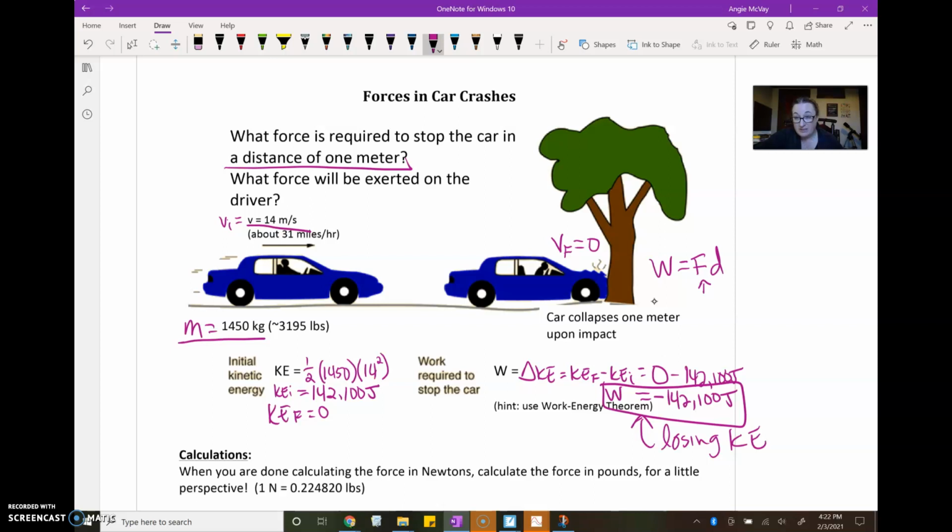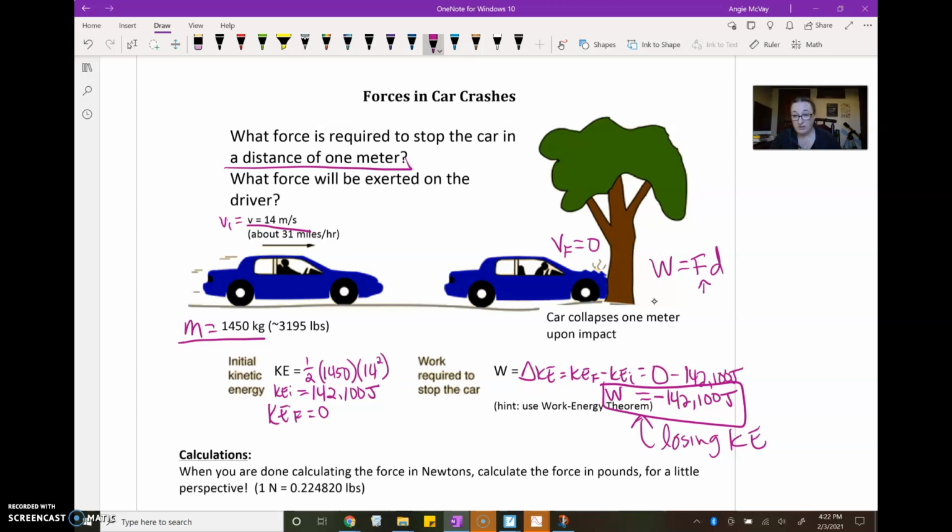The stopping distance represents the distance that the hood of the car crumples upon collision. And the force that's being exerted on the car is the force of the tree pushing back on the car, opposing its motion. So the distance is 1 meter.